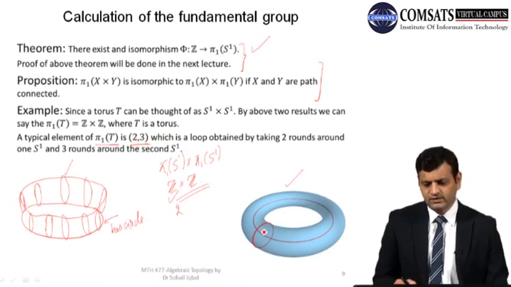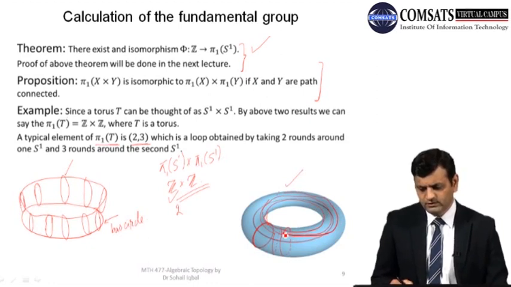This 2 represents that we are taking a loop which takes 2 rounds around this side of the torus and 3 rounds around this side of the torus. So this is 1, 2, 3, and then coming back to the same point, because this is a loop, so the starting and ending point should be the same.